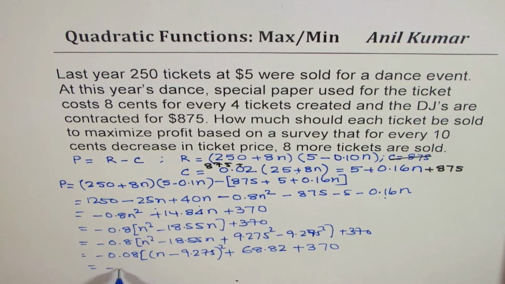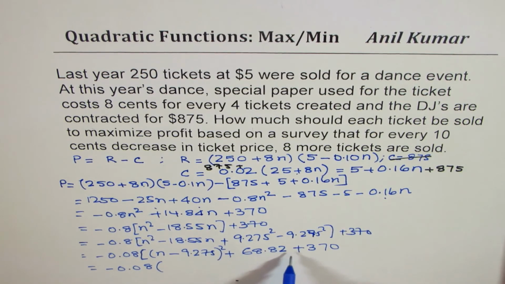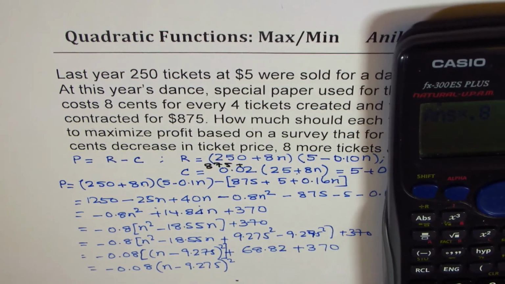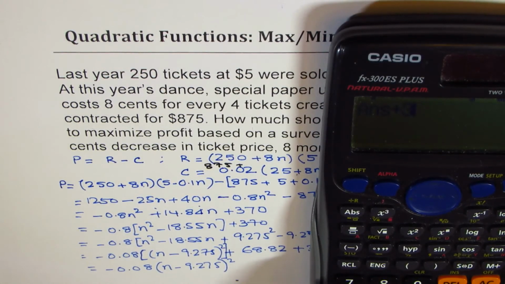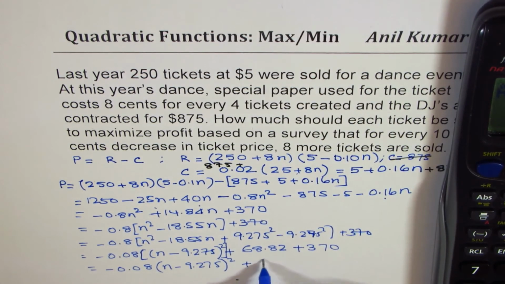So that gives us minus 0.8 times, we already opened this up, so let me close this bracket here itself, n minus 9.275 whole square, and let's add these two, 68.82 plus 370, 438.82.